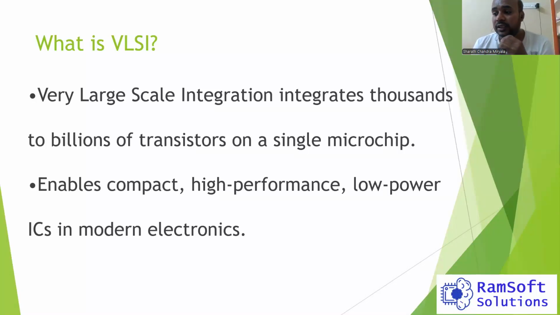How is the process of embedding thousands of millions of transistors in a single silicon chip done, whether for performance, for reduction in size, or for low power consumption of electronics? How are these things designed?